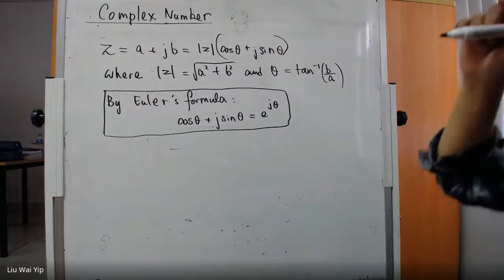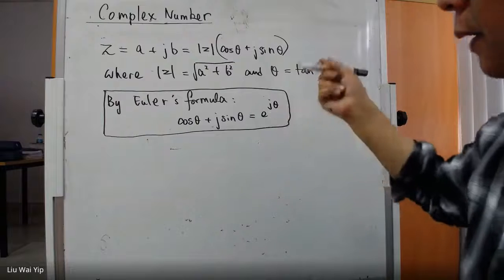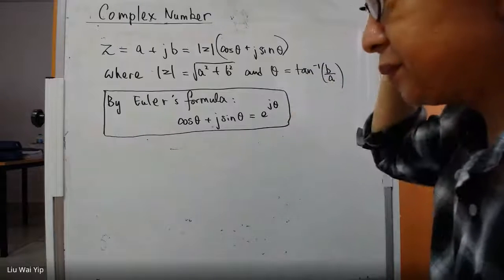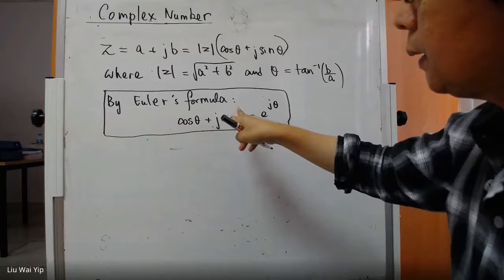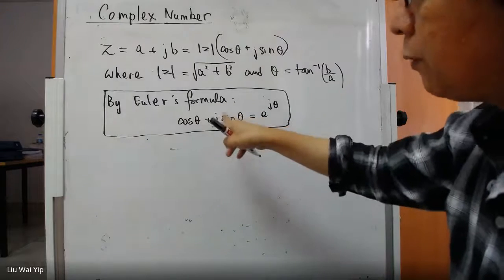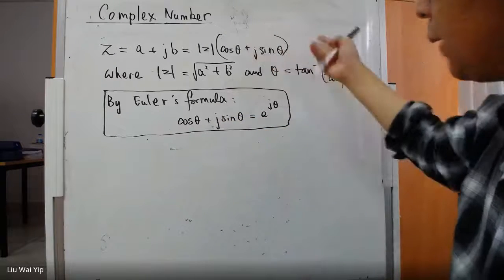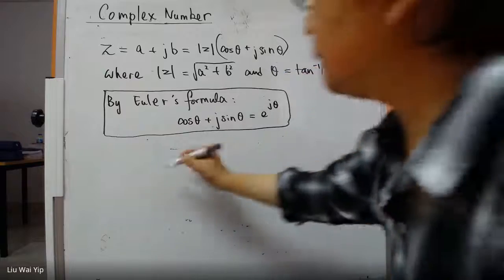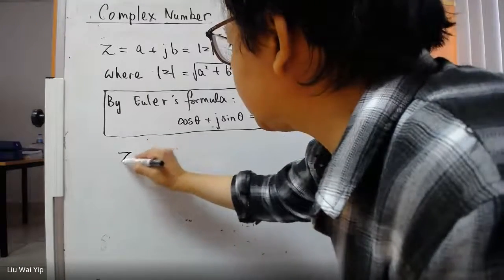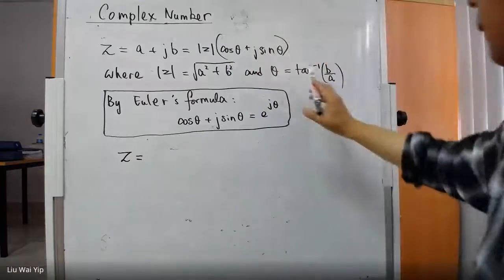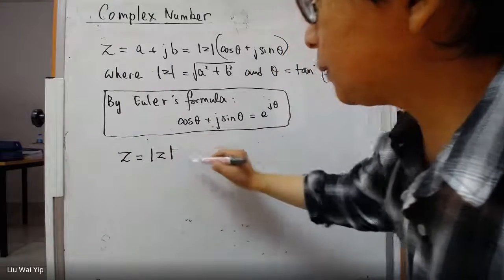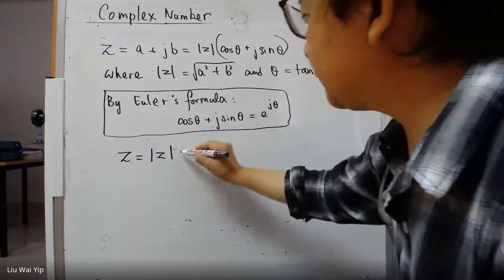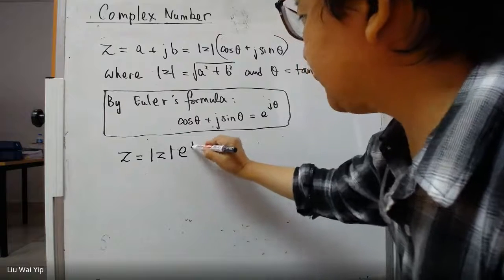This means you can calculate right now with this formula. You can also express Z according to here: it can be the modulus of Z times e to the power j theta.